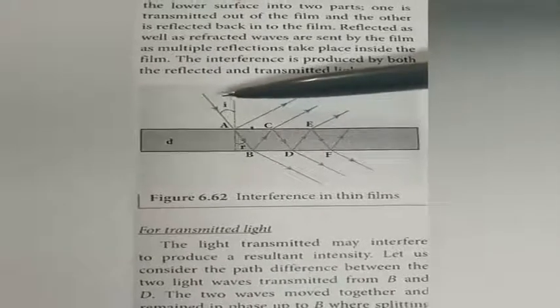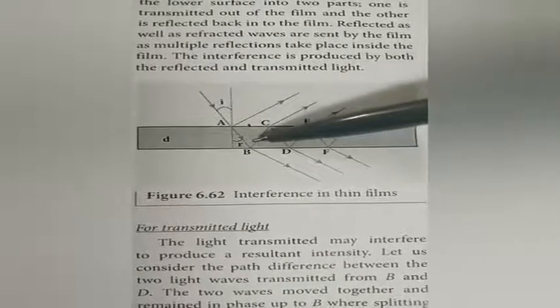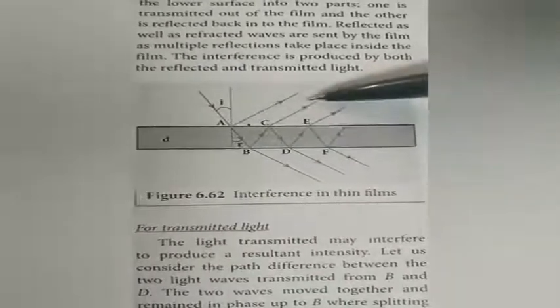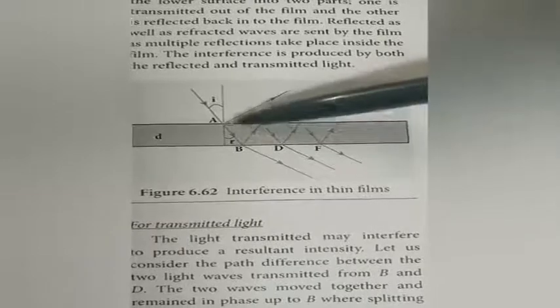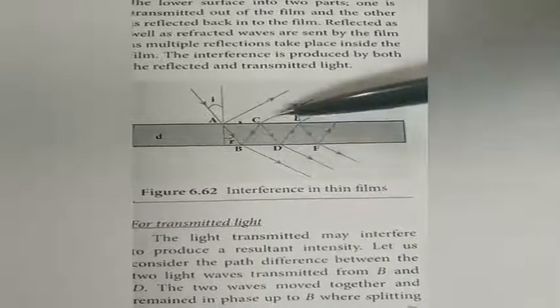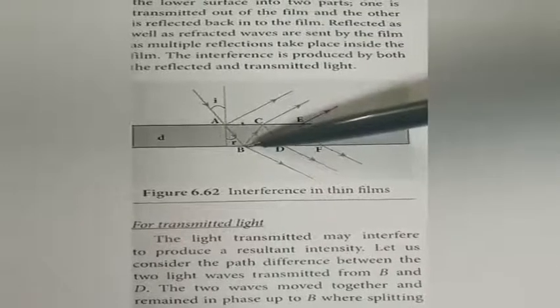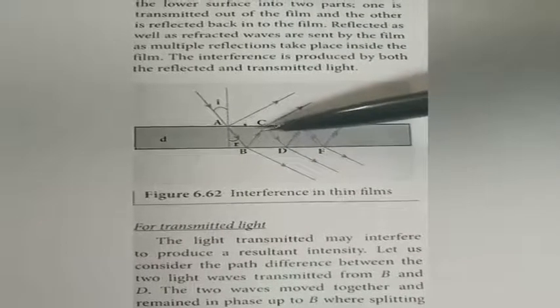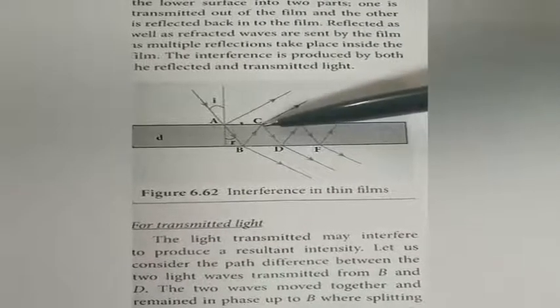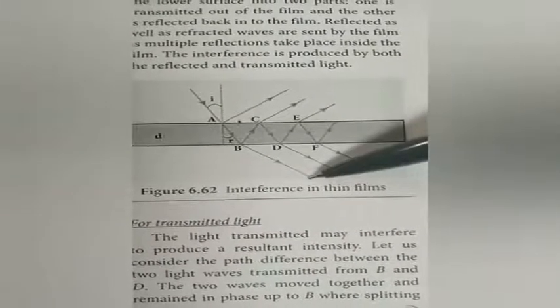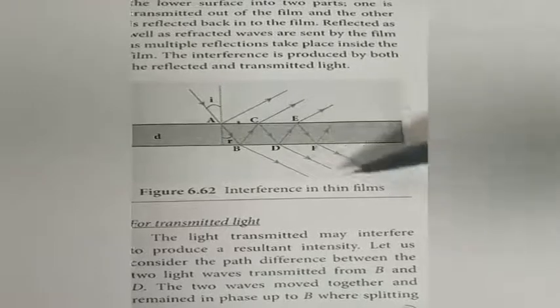Here the incident light enters the thin film. What happens? It is partially reflected and partially refracted. Again this refracted ray gets reflected and refracted. The remaining rays can enter the emergent ray and go outside.